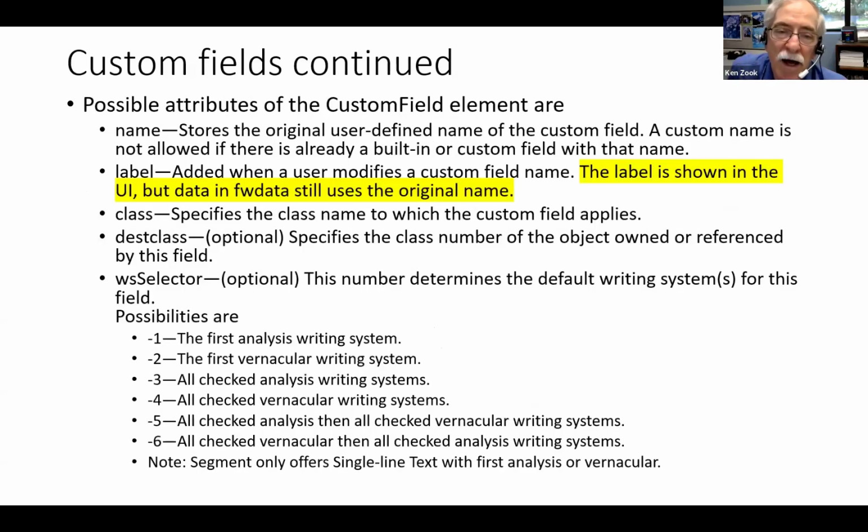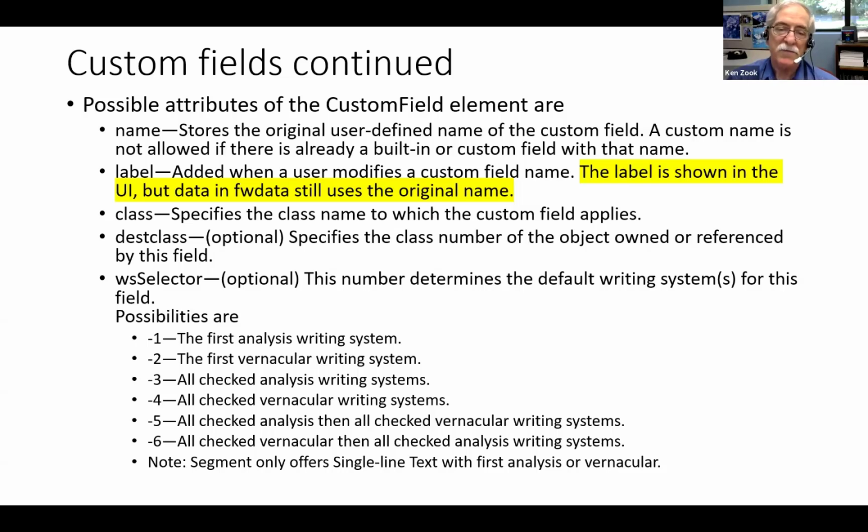So the possible attributes of the CustomField element are name, which stores the original user-defined name of the custom field. A custom name is not allowed if there is already a built-in or custom field with that same name. If a user modifies a custom field, the new name gets put in the label and it's shown to the user, but the data itself in the FW data file still uses the original name.